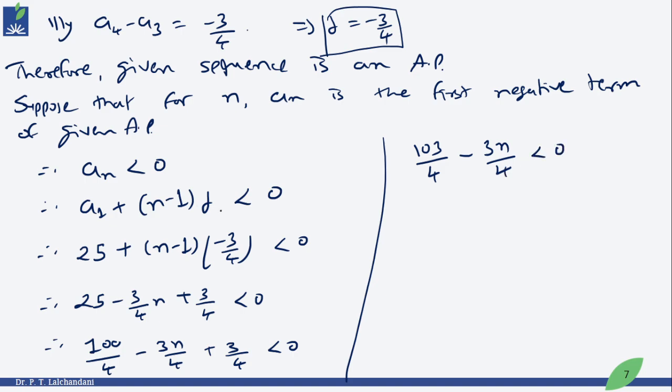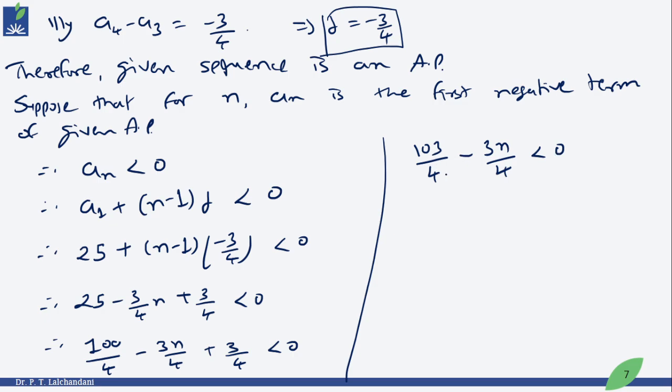Right? Now see, the subtraction of these two terms is less than 0. Right? This term minus this term gives us a negative number. It means that the value of the first term will be smaller than the value of the second one, right? Because the number is negative, this term is the smaller one and this term is the bigger one. Only then you will get a negative value after the subtraction.